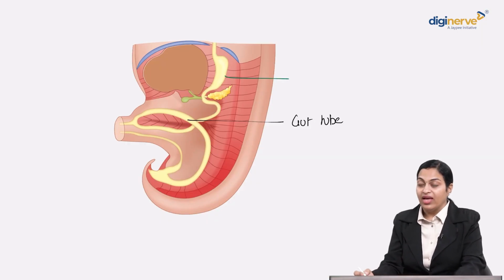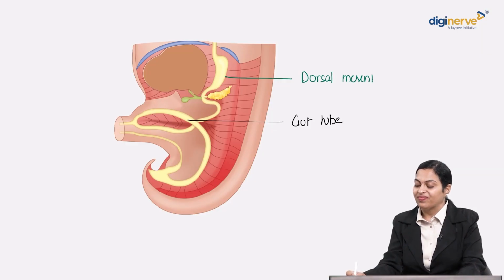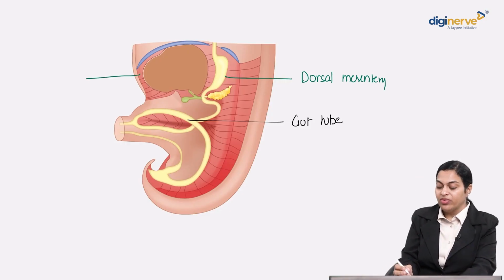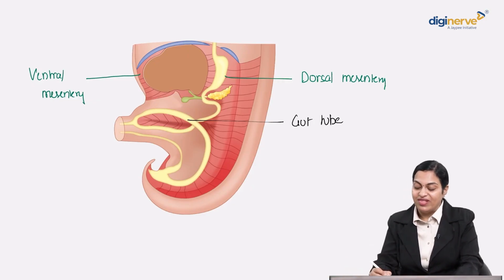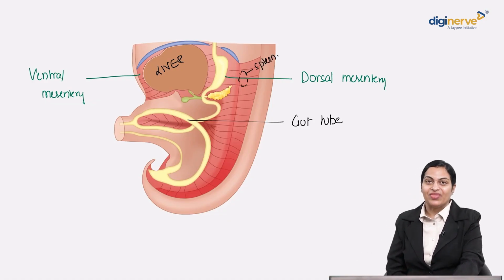It is going to be anchored to the dorsal body wall by the dorsal mesentery, and at the same time to the anterior abdominal wall by the ventral mesentery. Remember what develops in the ventral mesentery? The liver. And here in the dorsal mesentery, the spleen, right?